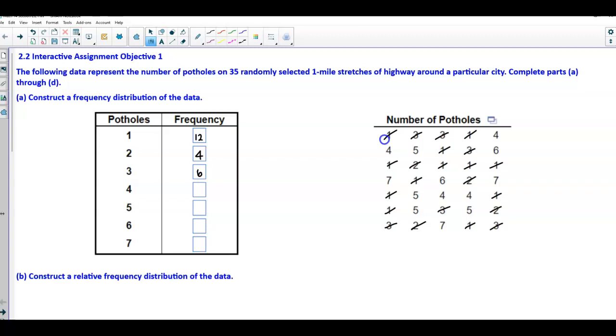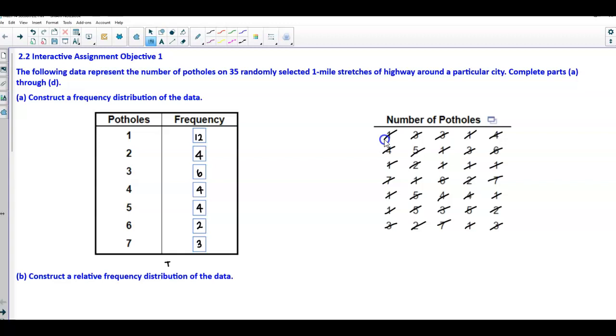For 4 potholes, we have 1, 2, 3, 4. For 5 potholes, we have 1, 2, 3, 4. For 6 potholes, we have 1 and then 2. For 7 potholes, we have 1, 2, and then 3.